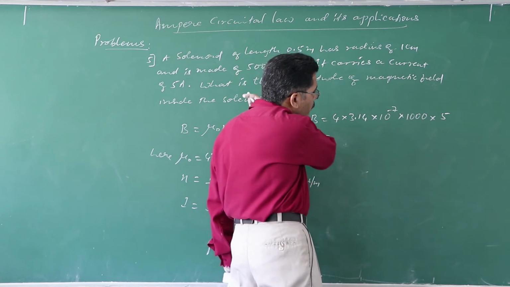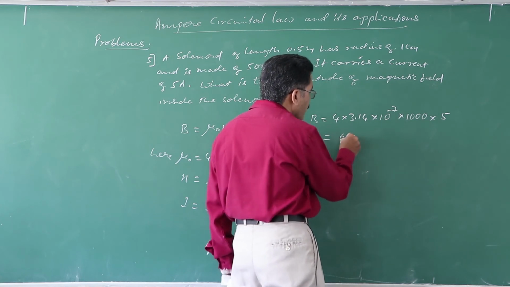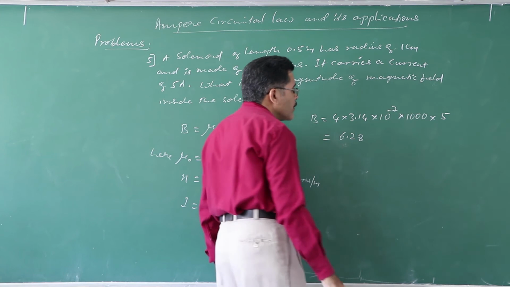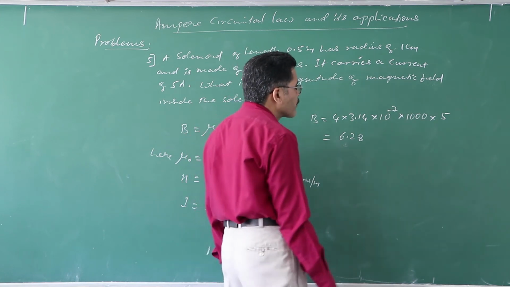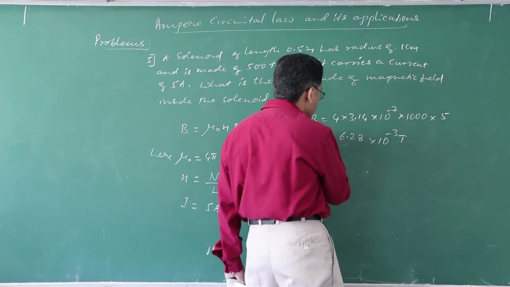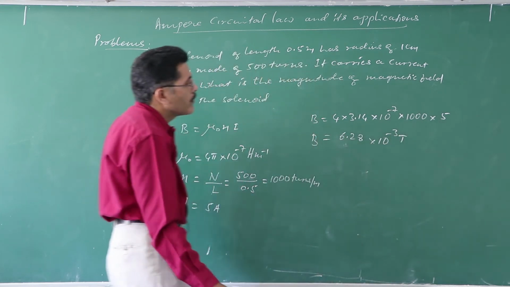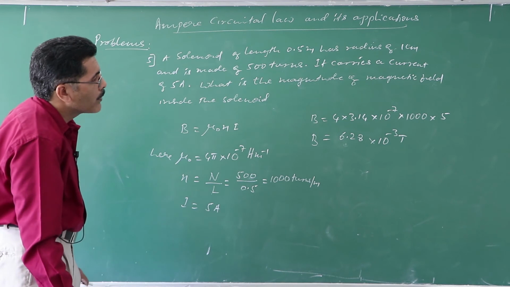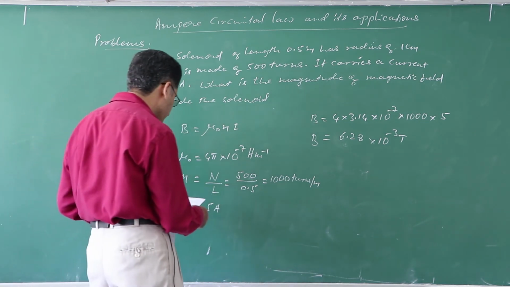This comes out to be 6.28 into 10 raised to minus 3 Tesla.